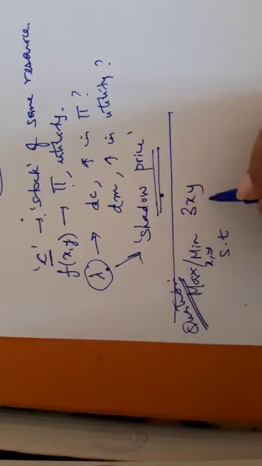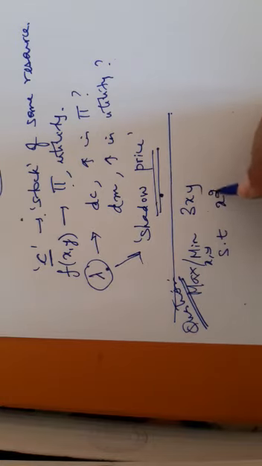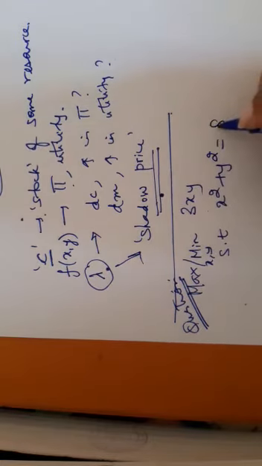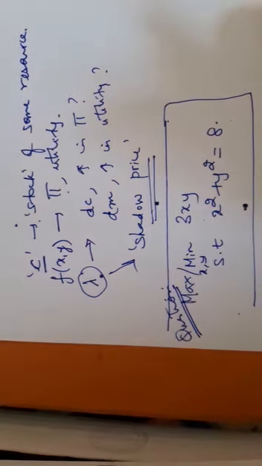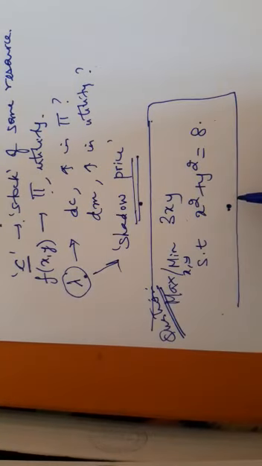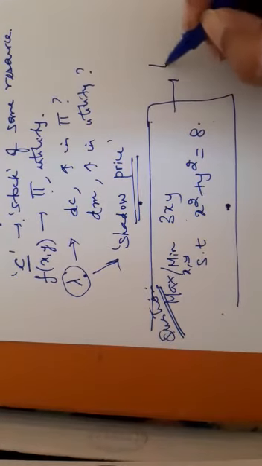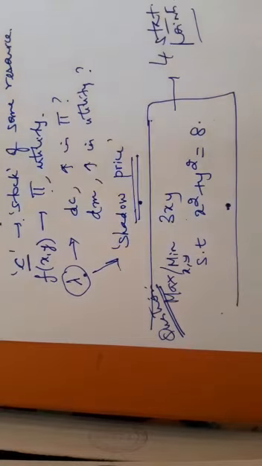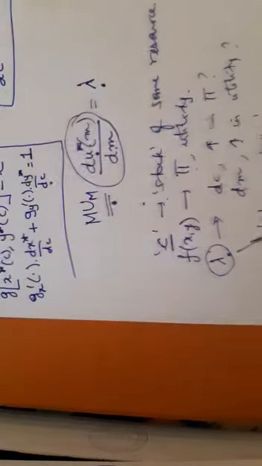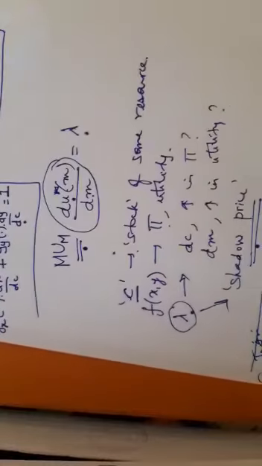You have to maximize and minimize 3 times xy subject to the constraint x square plus y square equal to 8. What I would like you to do is try and work on this problem first through a graph and try and get a sense of where you'll get your optimum on the graph, and then do this problem with the math. Just to give you a hint, in this problem you're going to get 4 stationary points. You'll have 4 stationary points to work with. Okay, so this is what you'll do for your exercise question.